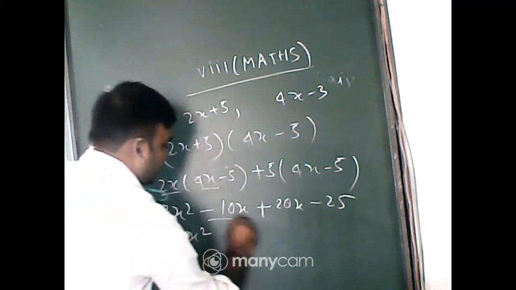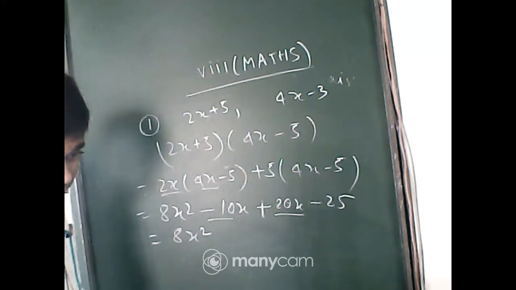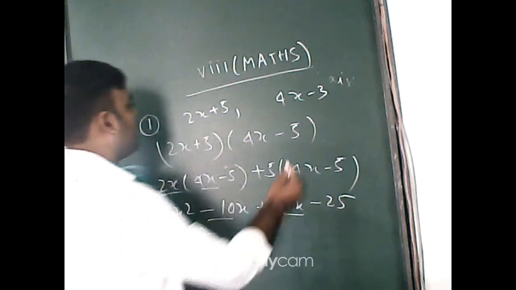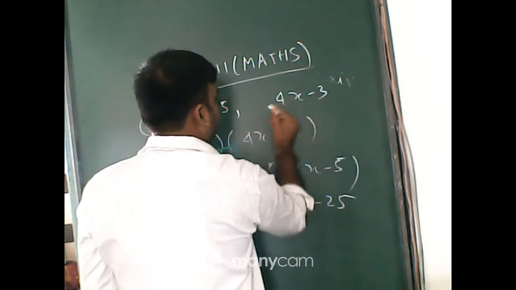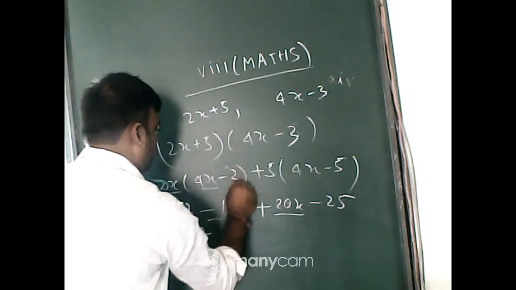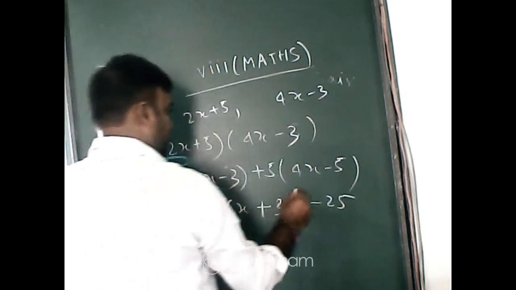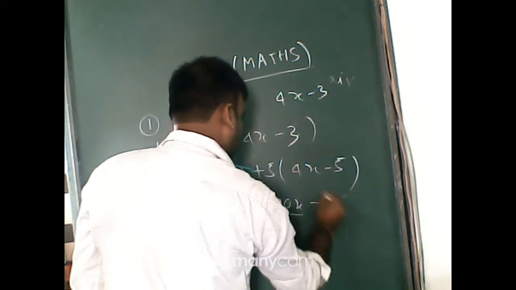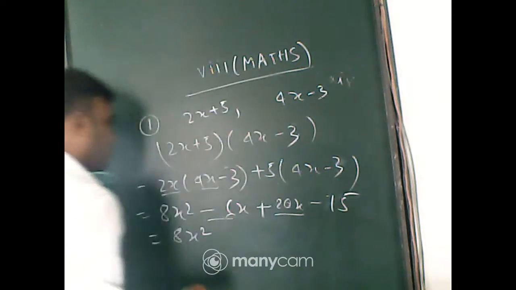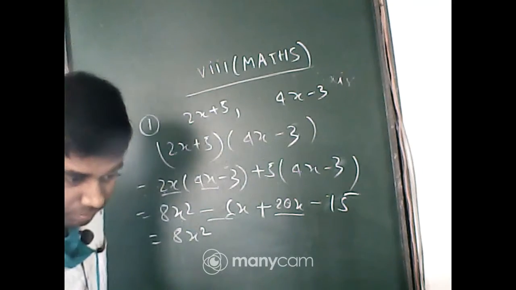Now 8x square minus 6x plus 20x minus 15. It is 4x minus 3, not 5, so 2 into 3 will be 6x and 5 into 3 is 15.